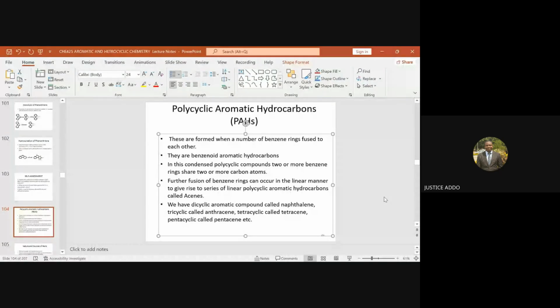Basically, like I'm telling you, as far as this course is concerned, we are more than halfway through. So the materials left for us to cover after the PAHs is just the heterocyclic compounds, where you also have to know the different classes, how to name them, and then their synthesis and some reactions. And then that will be summarizing everything under aromatic and heterocyclic chemistry.